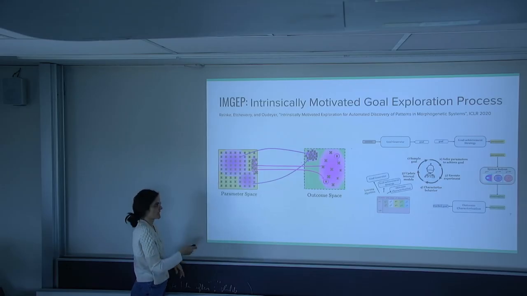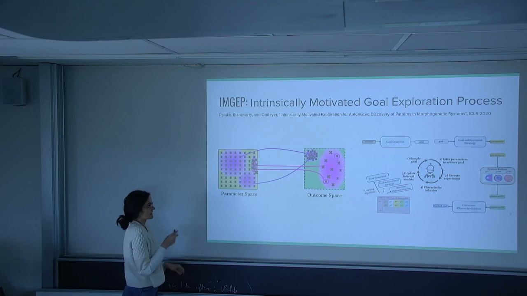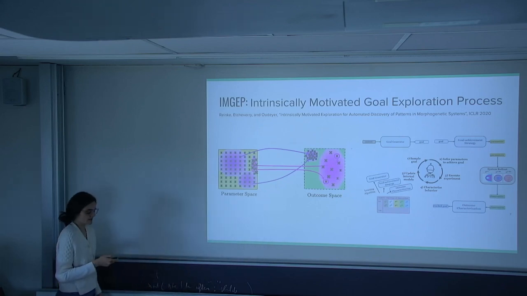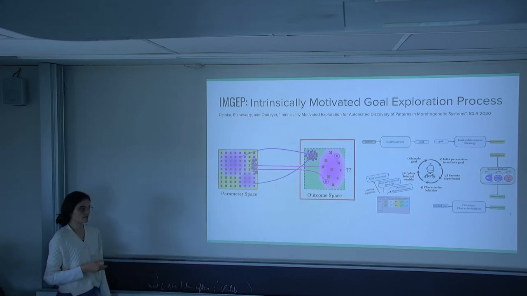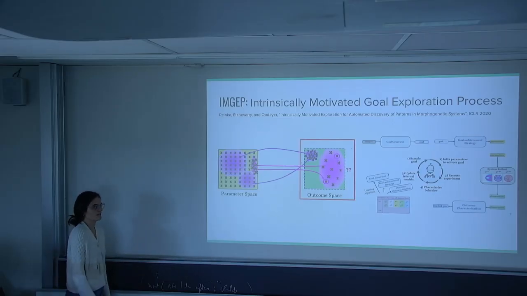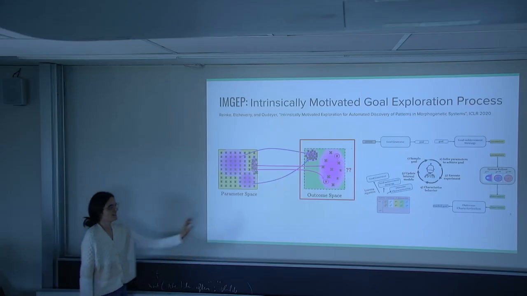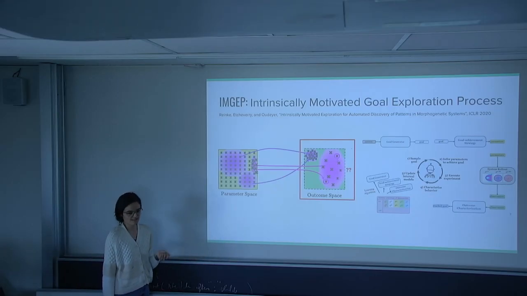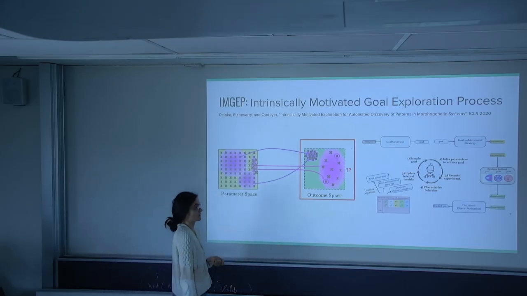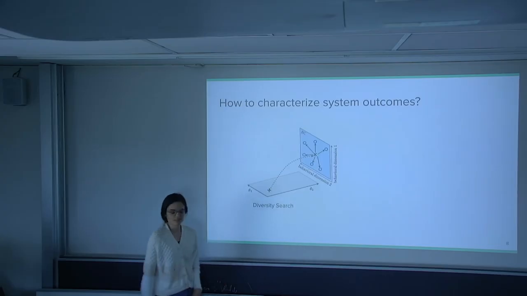So that's the general intuition behind those algorithms, but some very critical thing that I've intentionally omitted is how do you actually define this behavior space and this outcome space, and that turns out to be super important, and that's true for all diversity search approaches.